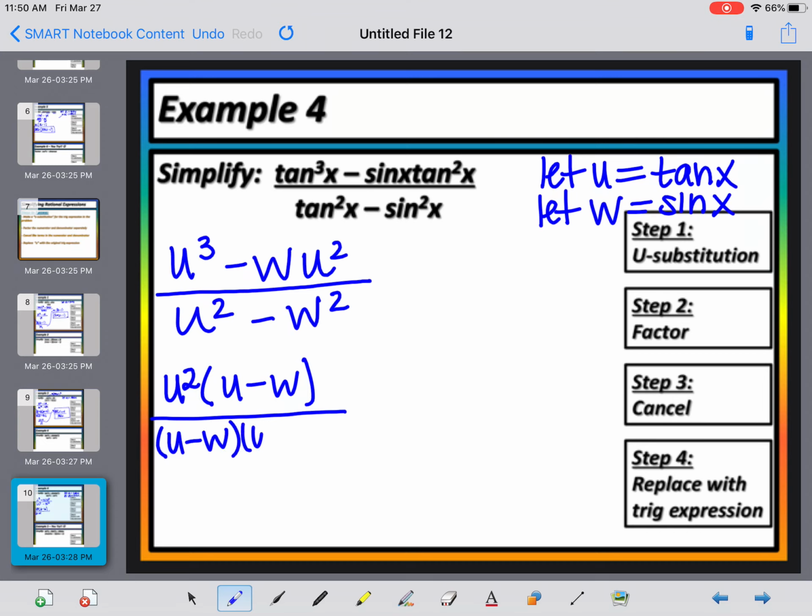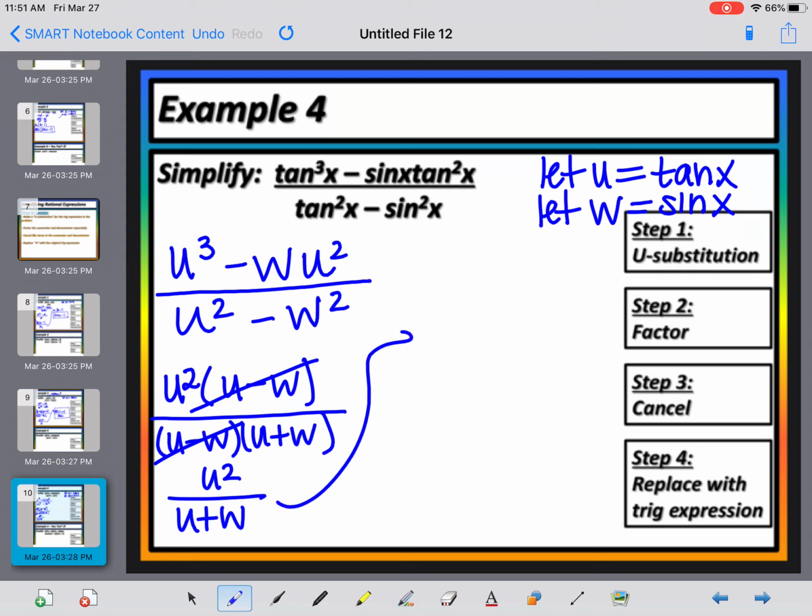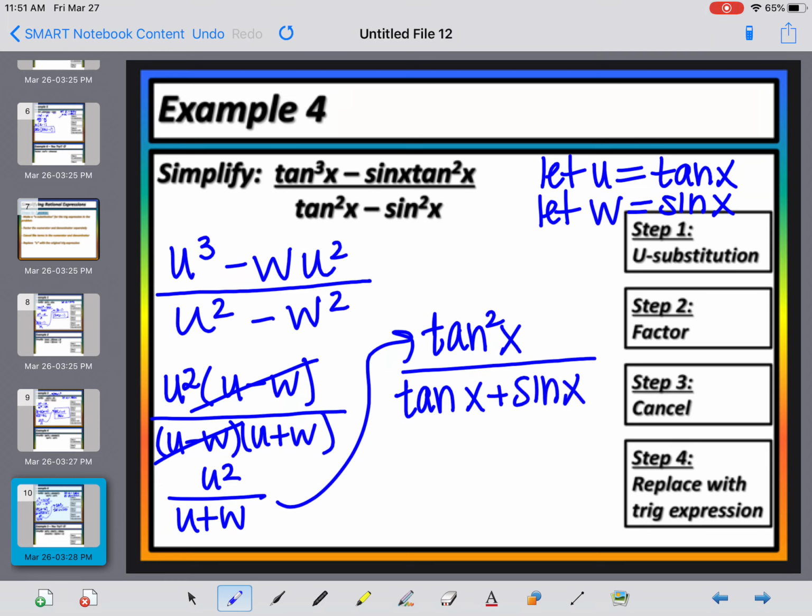And the bottom is actually a difference of squares. So these ones will cancel. So a u squared over a u plus w. When we plug our trig back in, we want to make sure we write tangent squared of x. That's the more simplified version, over tangent of x plus sine of x. And that is our simplified function.